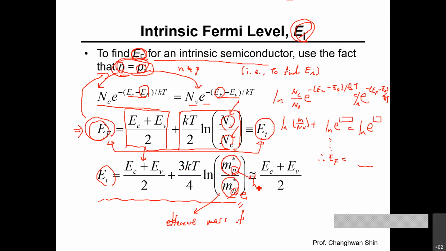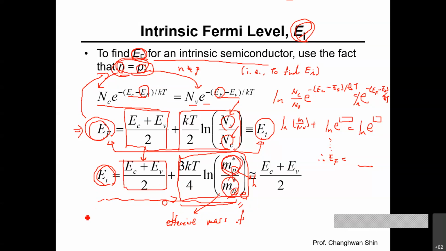Basically, the effective mass of the hole is a little bit lighter than the effective mass of the electron in crystalline silicon, so this whole term becomes less than 0, negative. So the precise location of the intrinsic Fermi level is very close to the mid gap, but slightly lower than the mid gap, because this second term is a negative value, because m sub p asterisk is smaller than m sub n asterisk.